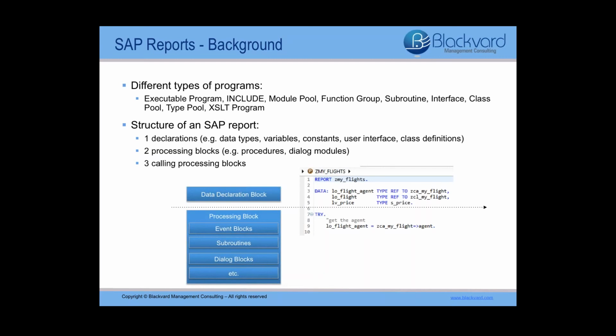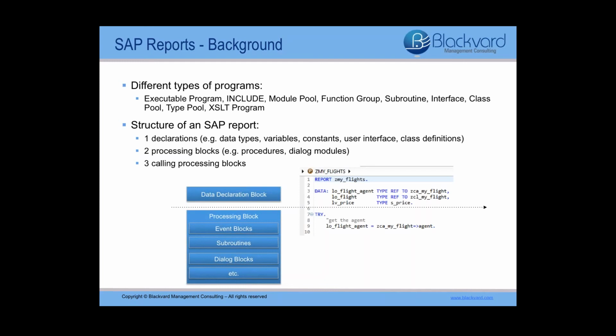And last but not least, in line 5 we have a local variable called price, which is of type price, an amount of money, for example. That's the declaration part. There you can define the data that will be used in your report, and that's the major purpose of this declaration part.